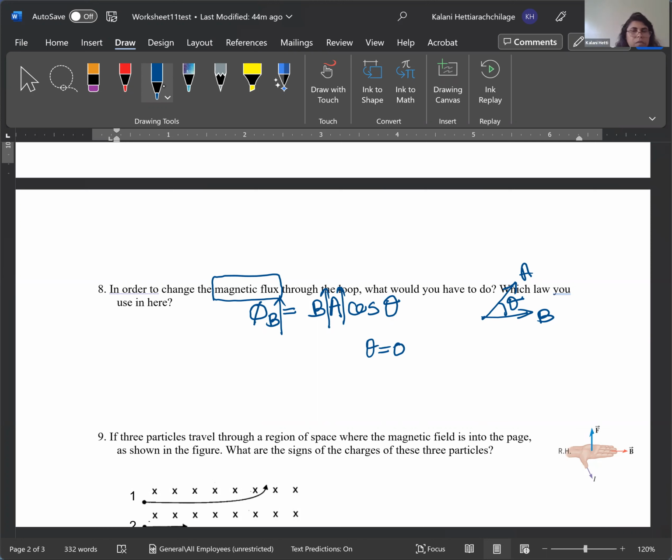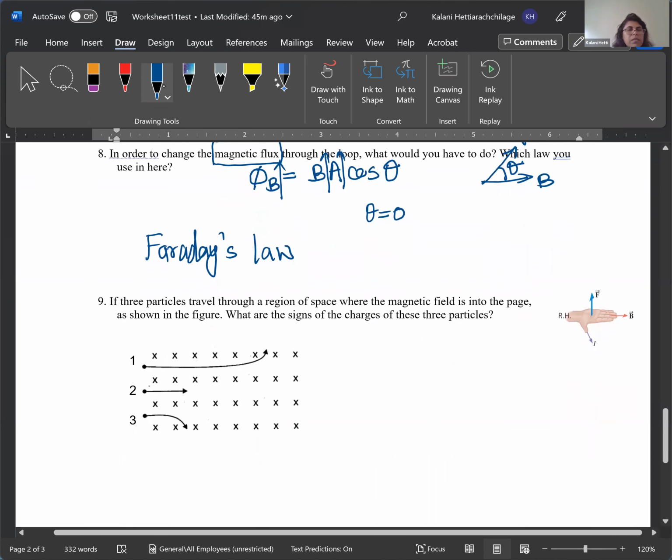You can write the answer in words. And which law do you use in here? This is Faraday's law. Faraday's law is the one where we talk about the rate of change of magnetic flux and things like that, right? That's Faraday's law.